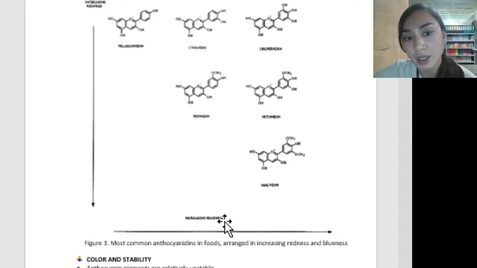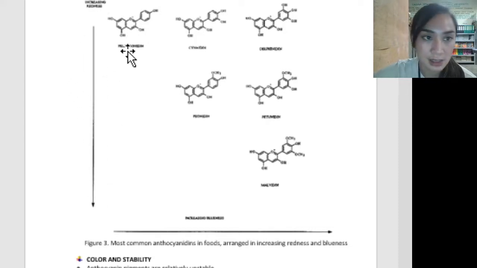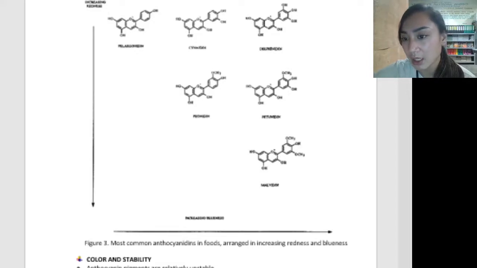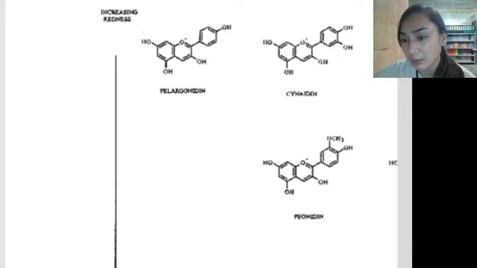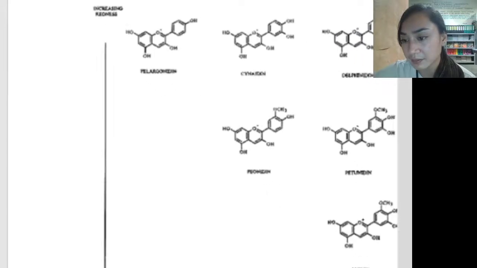So, the more na papunta dito, yung mga nandito, mas blue yung pigment niya compared to these ones that are mas red yung pigments. Dito kasi increasing redness. So, ito yung mga common na anthocyanins, no? Hindi ko na isa-isahin.